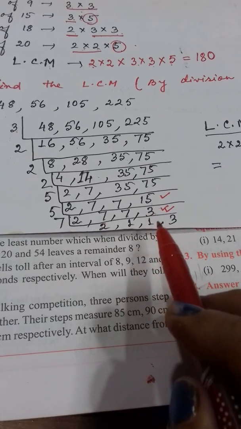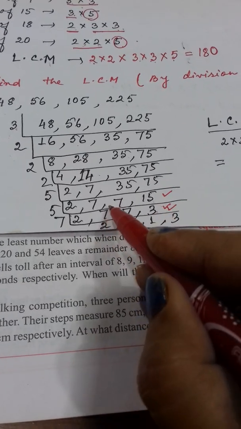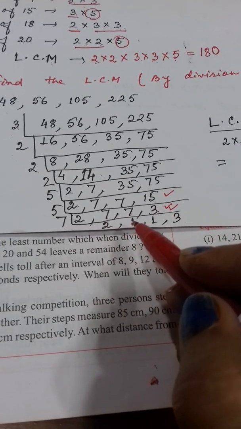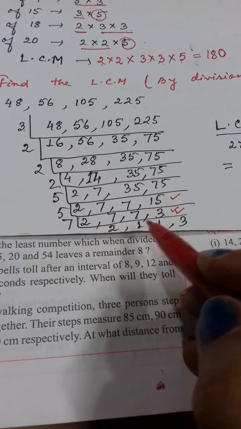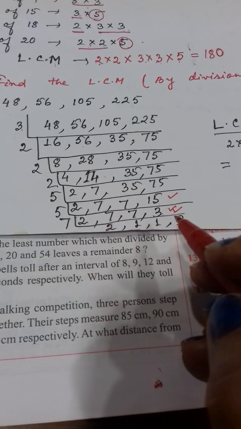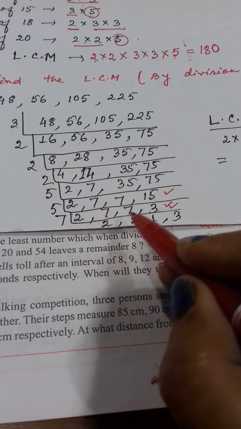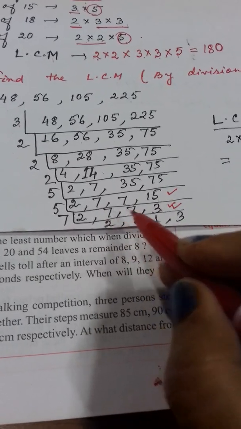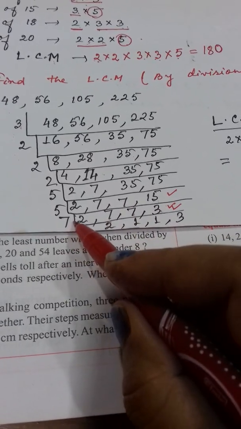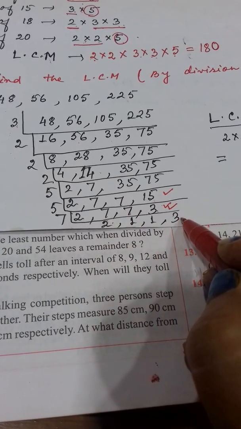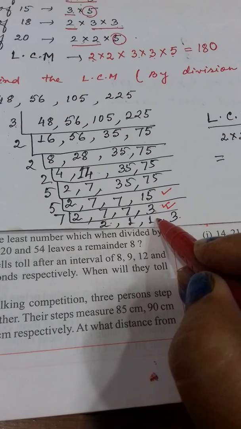I proceeded one more line. Why? Because as I told you, in the final quotient either 1 or 1 prime number will be there for each. So here two same prime numbers are there, no? So it will be divided again by 7. So what have you got? 1, 2 is a prime number, 3 is a prime number, and 1. Clear or not?